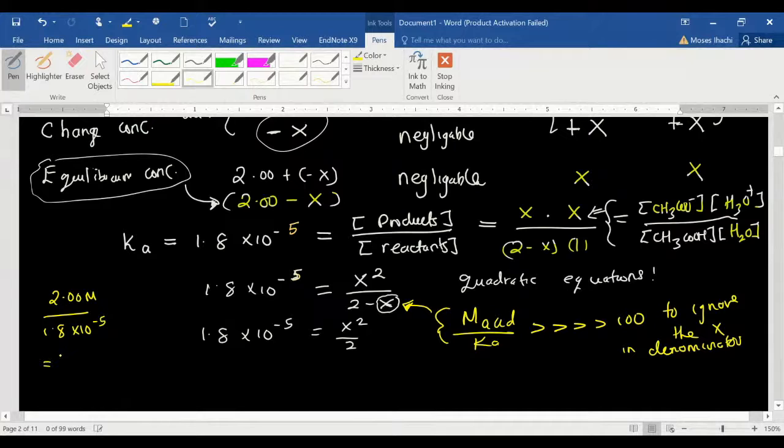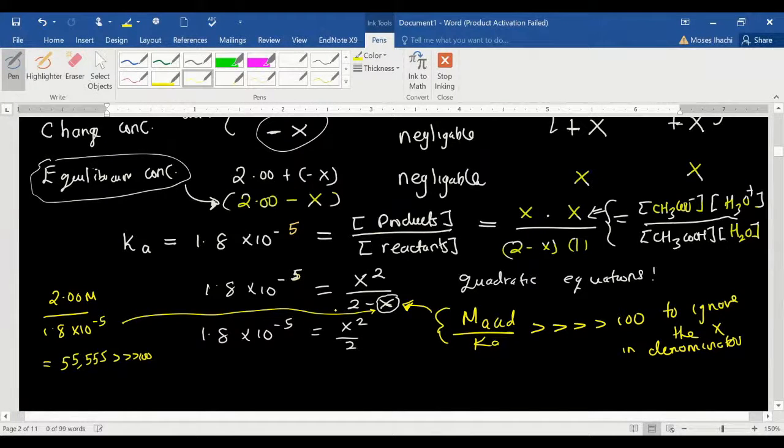If you do this test, you get that the answer is 55,555. Of course, this is way greater than 100. So according to this test, it's safe for me to ignore the x.